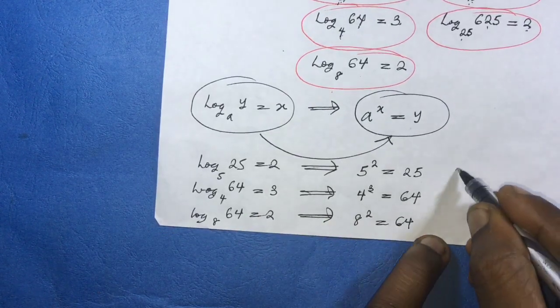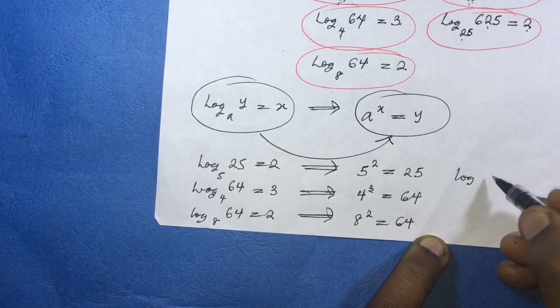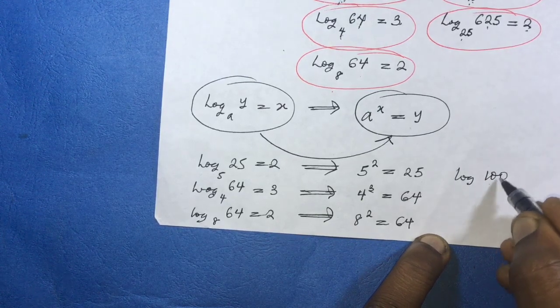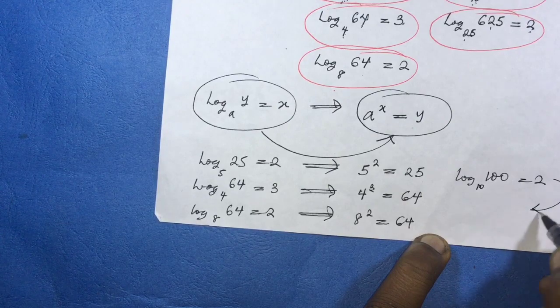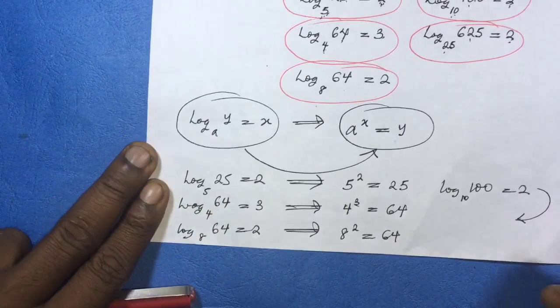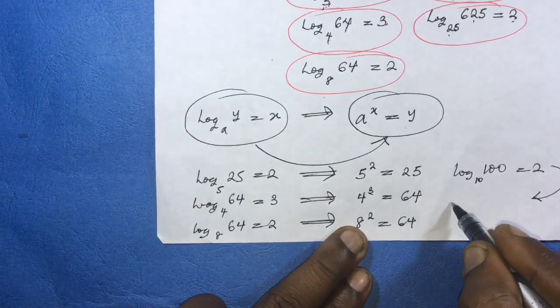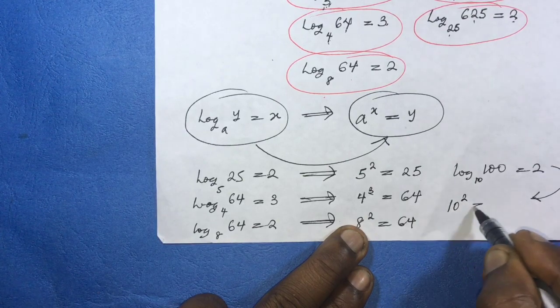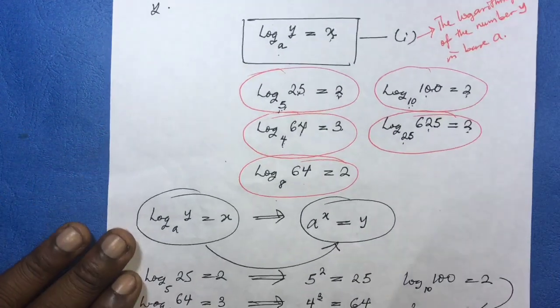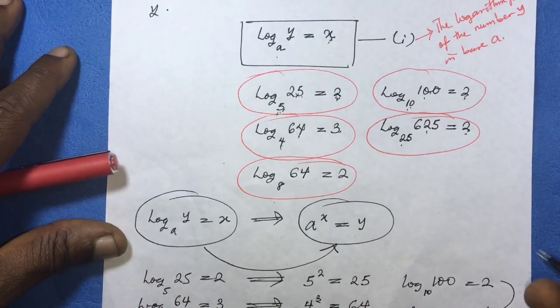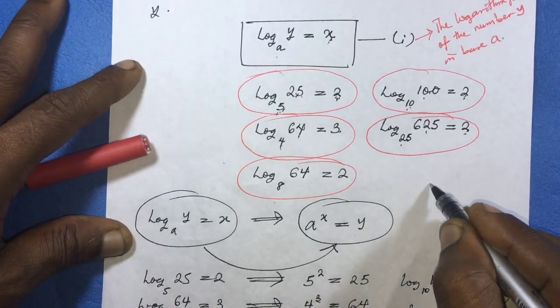If you do that for the logarithmic form of the number 100 in base 10, which gave us 2, you would see that there is a corresponding index form of that number 100, and in this case it will be 10 raised to power 2 gives 100. Okay, now I could do that again for the number 625.